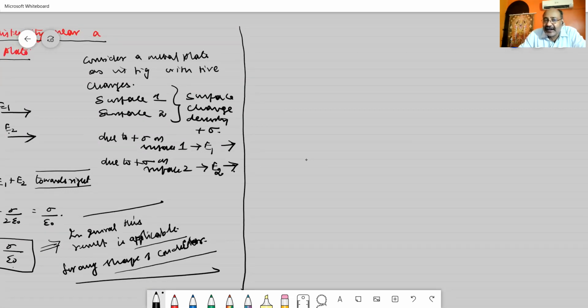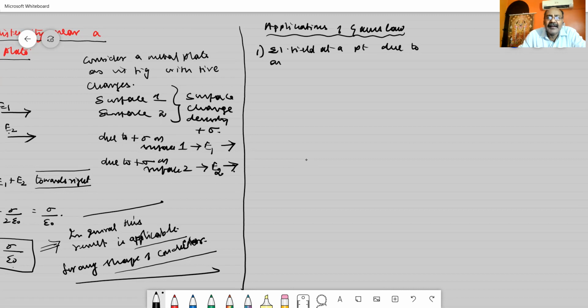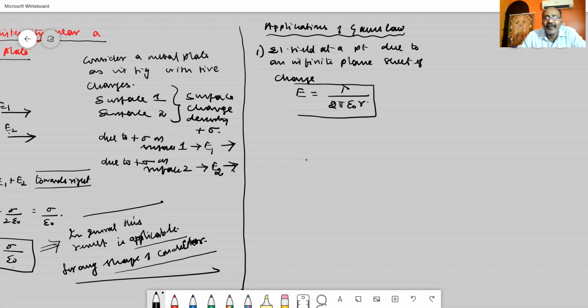When you are considering these applications of Gauss law, the first application studied is the electrical field at a point due to an infinite straight line of charge, and the formula is given by E equal to lambda divided by 2 pi epsilon 0 into R. Here, lambda is considered to be the linear charge density. This is the first application we have studied.